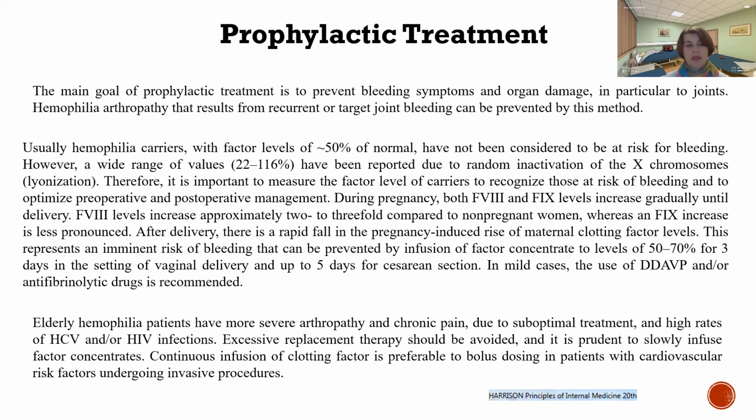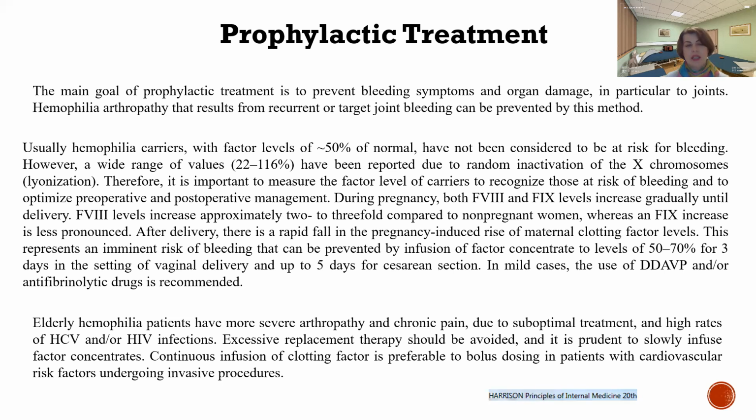This represents an imminent risk of bleeding that can be prevented by infusion of factor concentrate to levels up to 30% for 3 days in the setting of vaginal delivery and up to 5 days for cesarean section. In mild cases, use of this factor or antifibrinolytic drugs is recommended.